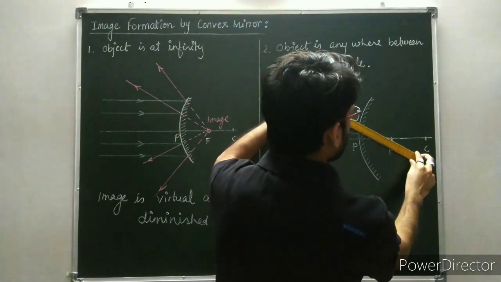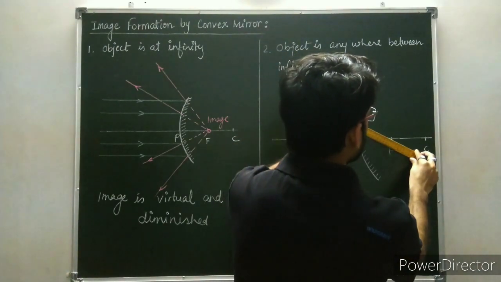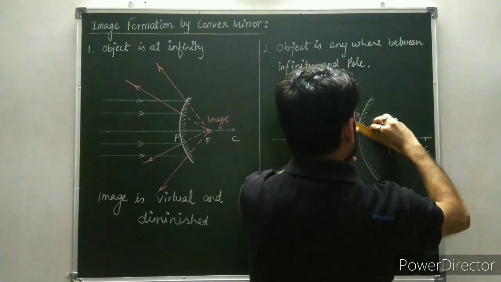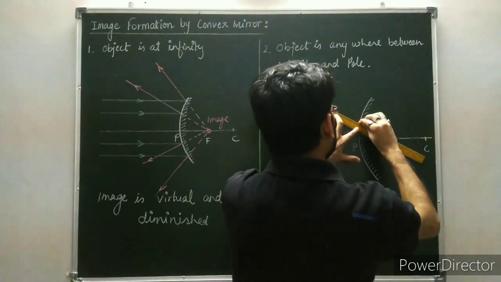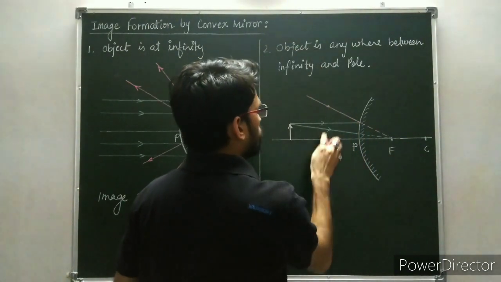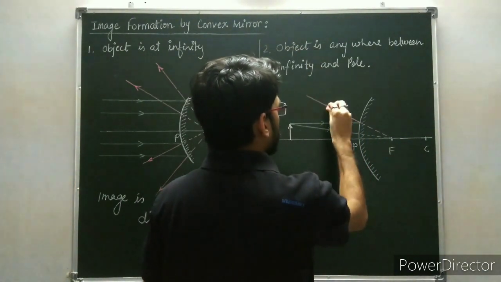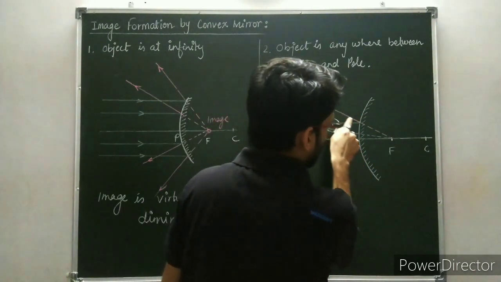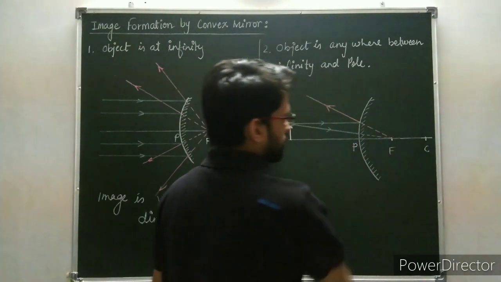The reflected ray appears to come from focus. So when we draw reflected ray for the incident ray which is parallel to the principal axis, the reflected ray should appear to come from focus.